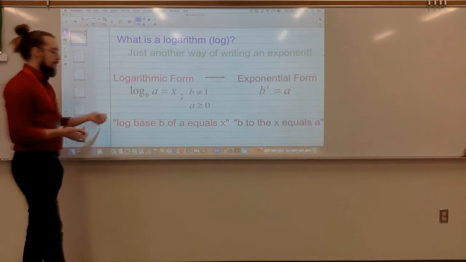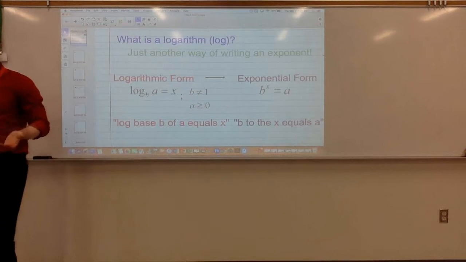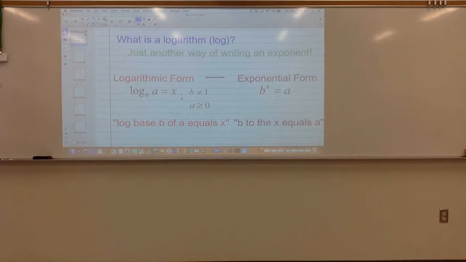And again, we read this as log base b of a equals x. That is just b to the x equals a. What we're going to do today is look at interchanging these. Finish copying these down real quick.